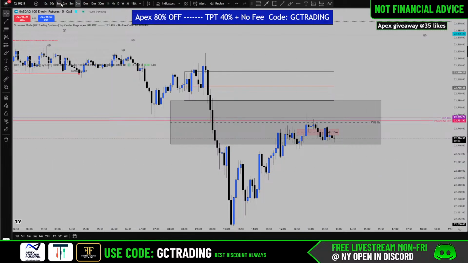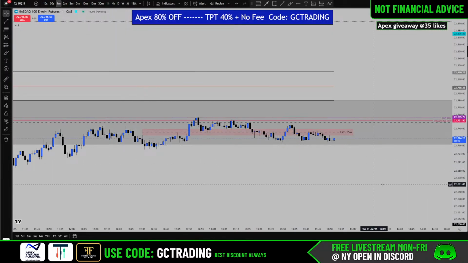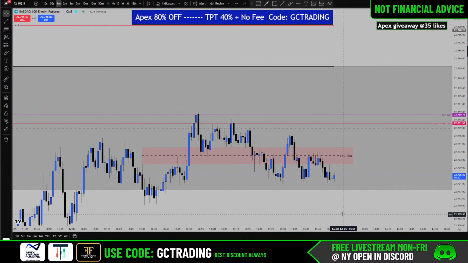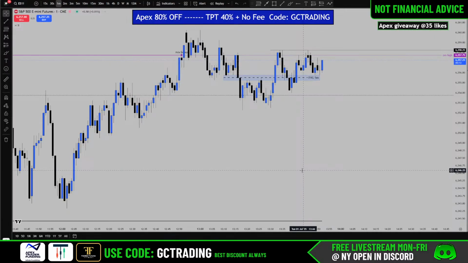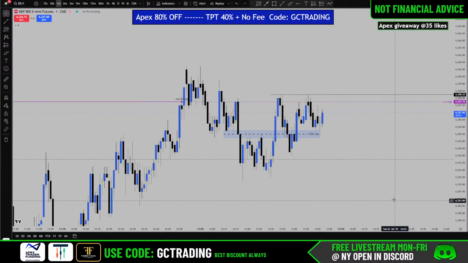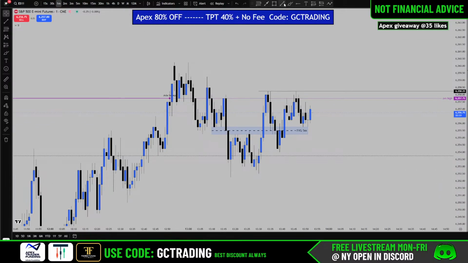Yeah, price is not doing much right now. I like this shape for higher.